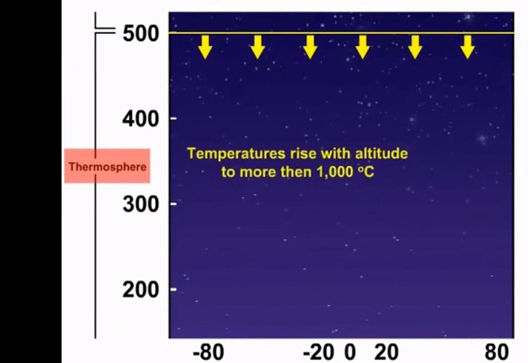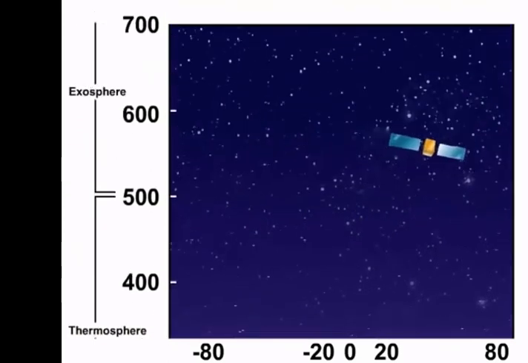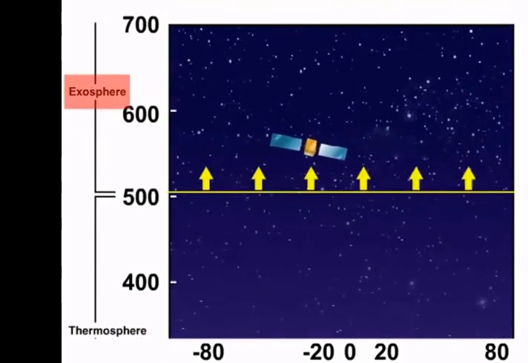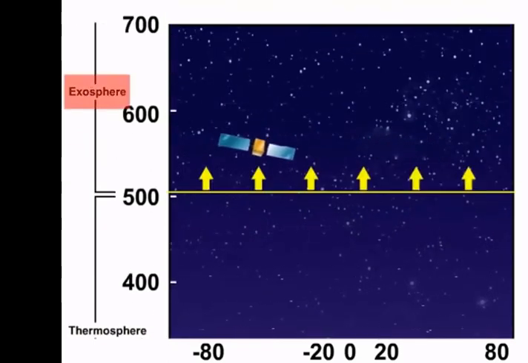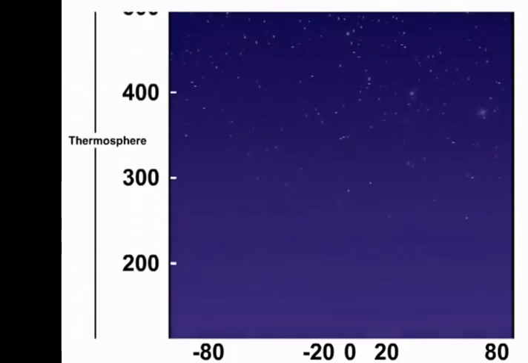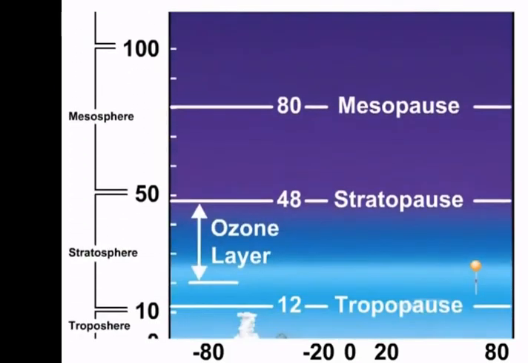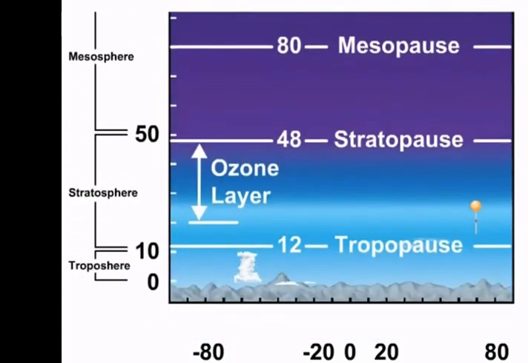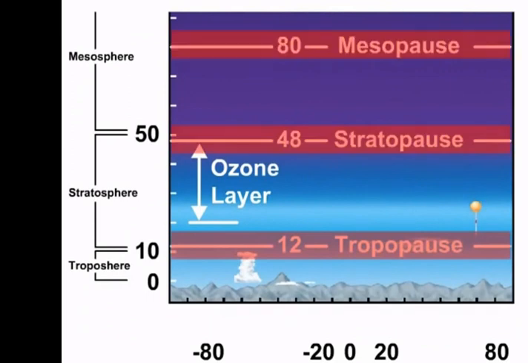Temperatures rise with altitude to more than 1,000 degrees Celsius. The outermost layer is the exosphere. In the exosphere, gas molecules can be exchanged between atmosphere and space. Dividing the troposphere, stratosphere, mesosphere, and thermosphere are areas called the tropopause, stratopause, and mesopause.